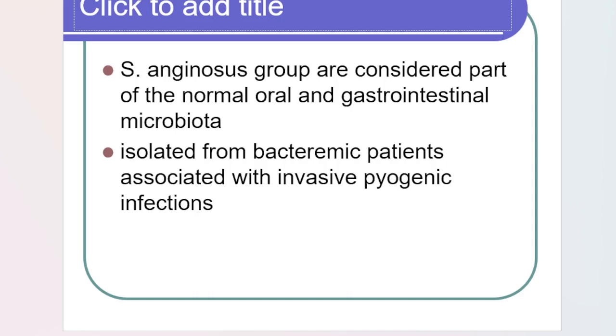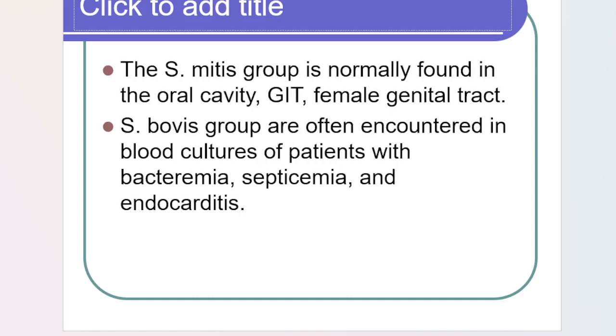They were isolated in bacteremia patients associated with invasive pyogenic infection. Si mitis group naman, oral cavity, gastrointestinal tract, at saka female genital tract. So, yung mga viridans are normal flora of the GIT, genitourinary tract, genital tract.